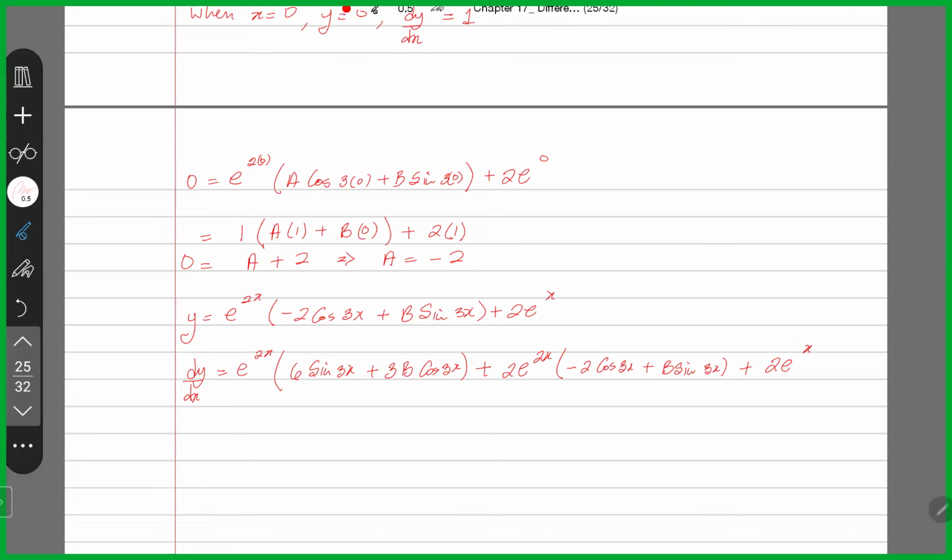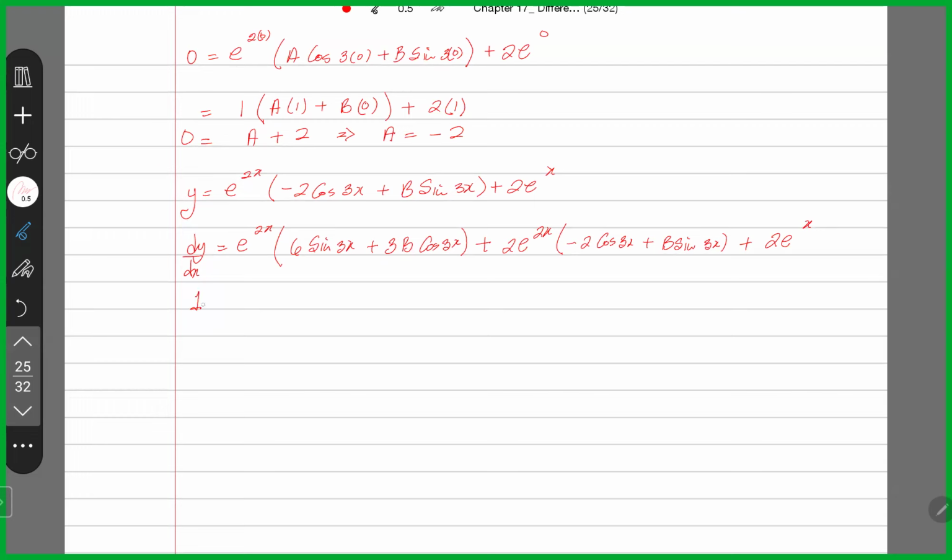Now when x is 0, dy by dx is equal to 1. So 1 is equal to e 2 times 0, open bracket, 6 sine 3 times 0 plus 3b cos 3 times 0 plus 2e 2 times 0, open bracket, minus 2 cos 3 times 0 plus b sine 3 times 0 plus 2e to the 0.